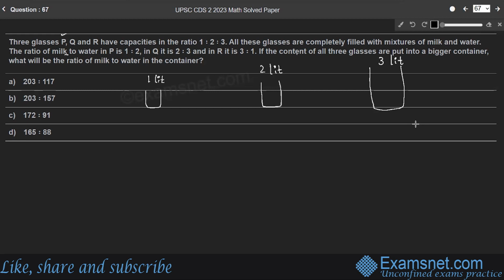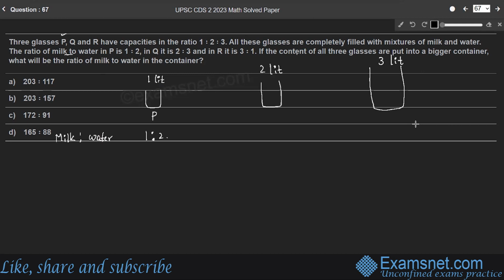We'll consider the milk to water ratio in each container. In container P, it is 1:2. So that means if there is 300 ml of liquid in the first container, 100 ml will be milk and 200 ml will be water.